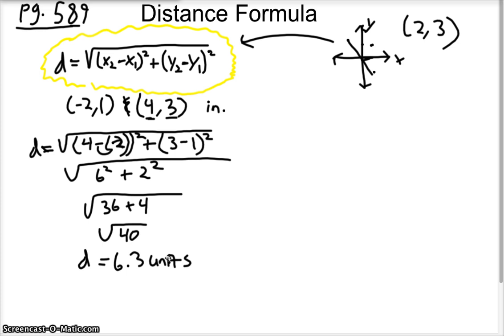Okay, the Smartboard's acting up. So there it goes. Once you have your information, you're simply plugging it into this lovely formula, and it spits out an answer. The distance between those 2 points on our coordinate plane would be 6.3 units. Okay? Let's try another example.